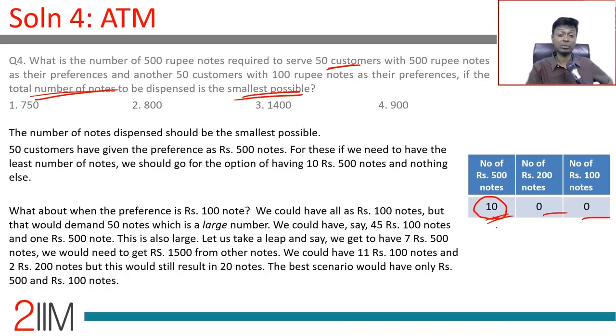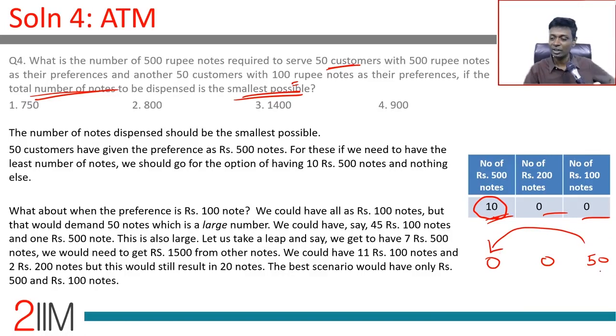Now there are 50 customers who have to be served with 100 rupee notes as their preference. For them, we cannot deliver like this. We could have 100 rupee notes amounting to 5,000 rupees, 50 100 rupee notes, 0, 0. But that means there are 50 notes. That's useless. We need to replace this with 500 rupee notes in order to have as few notes as possible.